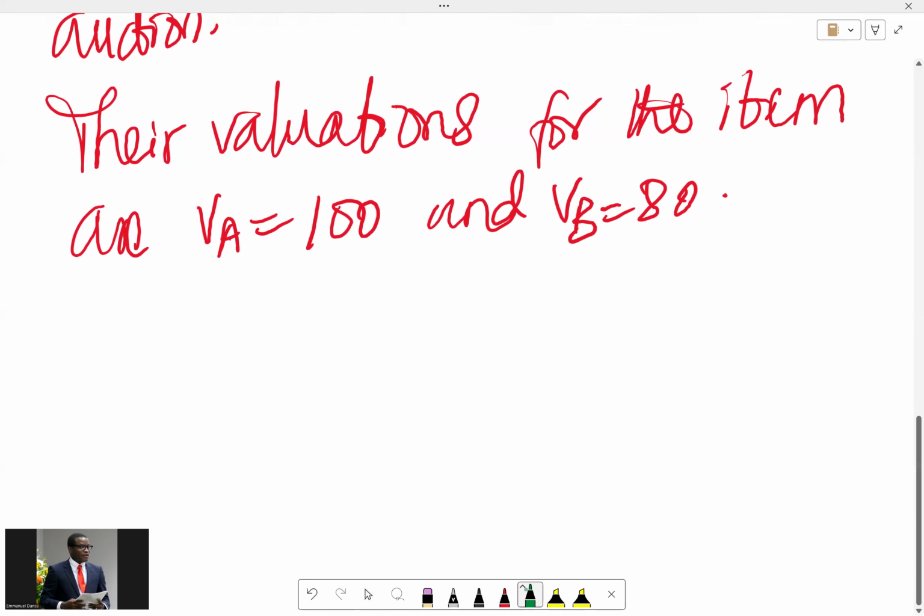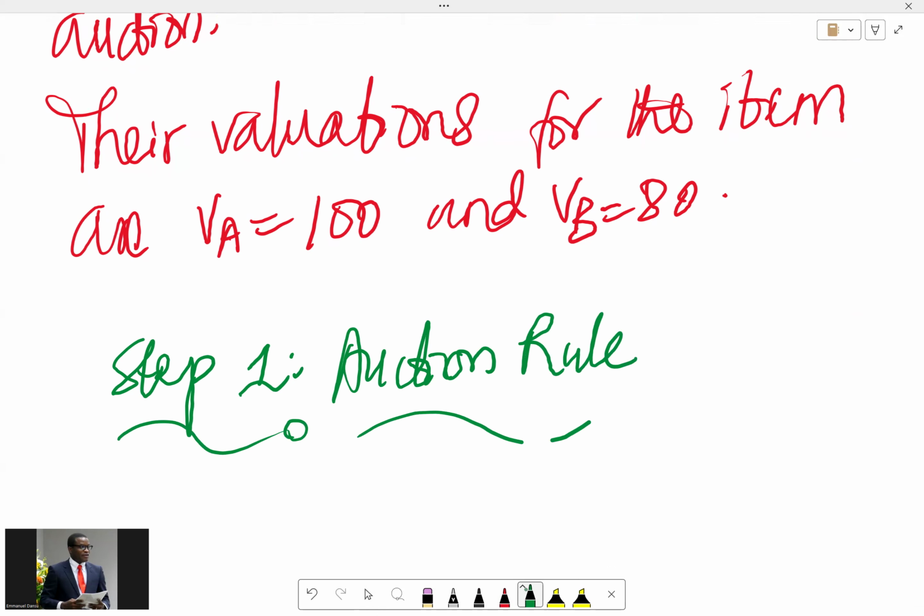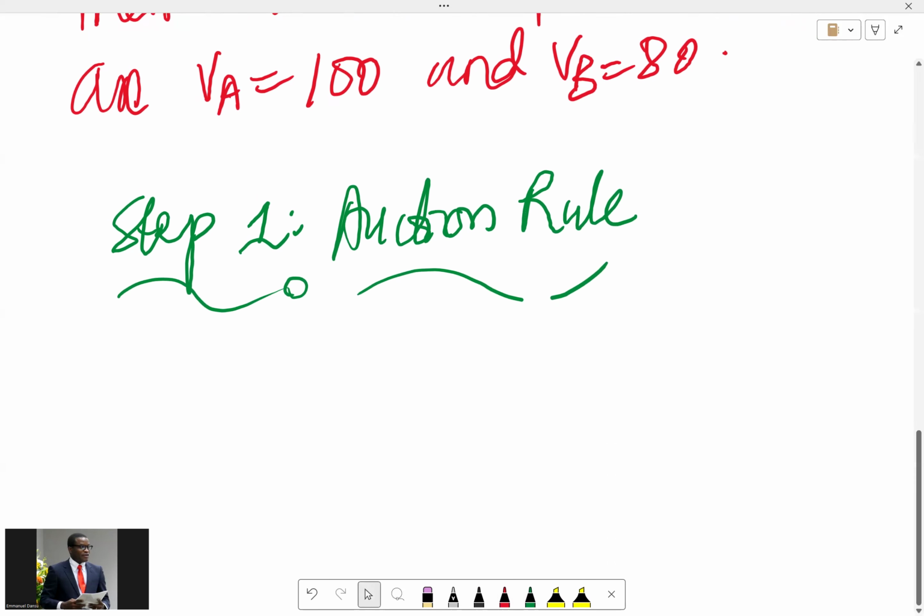So let's look at how we go about this as a solution. Step one will be about the auction rule. What rules are guiding this auction?